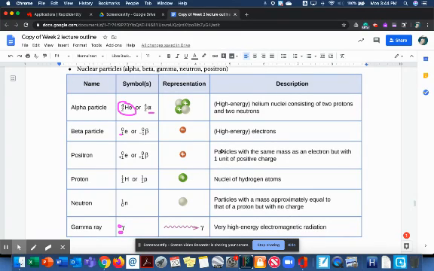But when we talk about radiation and we talk about elements being radioactive, we are talking about the nuclei of those elements ejecting these particles, and it's these particles that are the radiation that we talk about, remember?